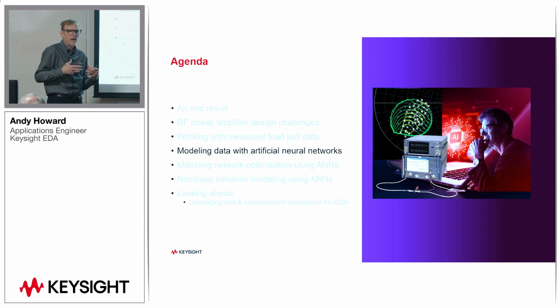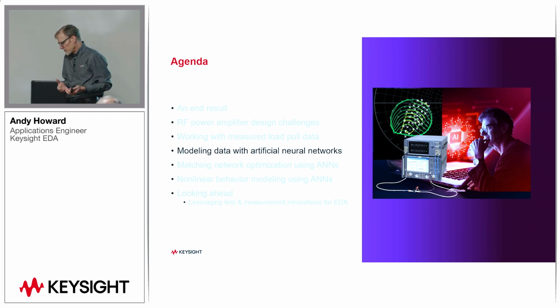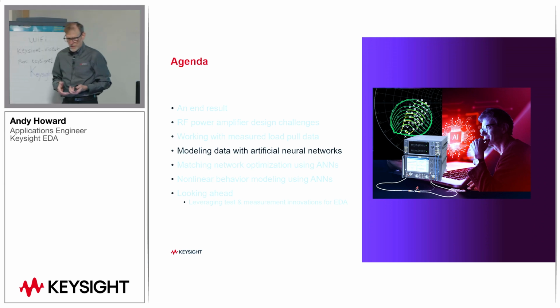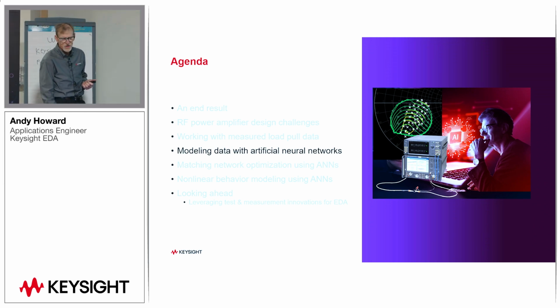You can just read in the data, look at contours in ADS, plot the data, and get an understanding of what performance could be achieved by a particular transistor and possibly across frequency. I think that by itself is useful. That does not require artificial neural networks.